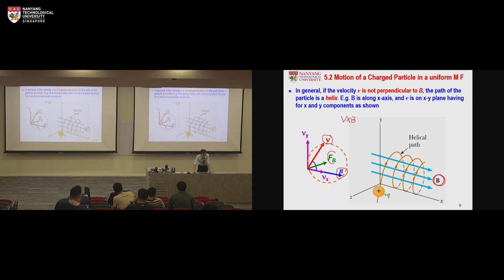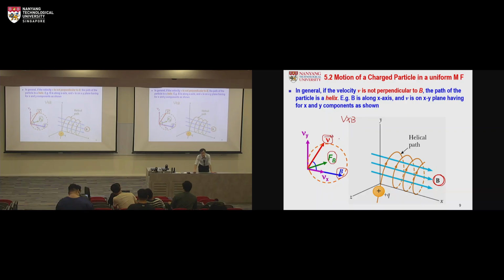But in order to figure out the resultant motion inside this magnetic field, we can decompose this vector V into two components.